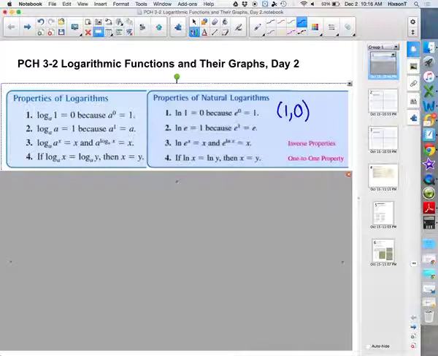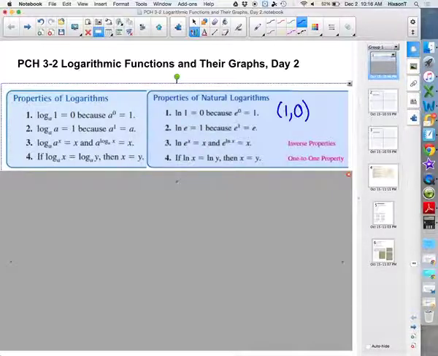And then lastly, this is what Callan was asking about earlier, and we were explaining here. If you have logs on both sides of the equation and the bases are the same, then what you're taking the logs of must be equal. Okay?